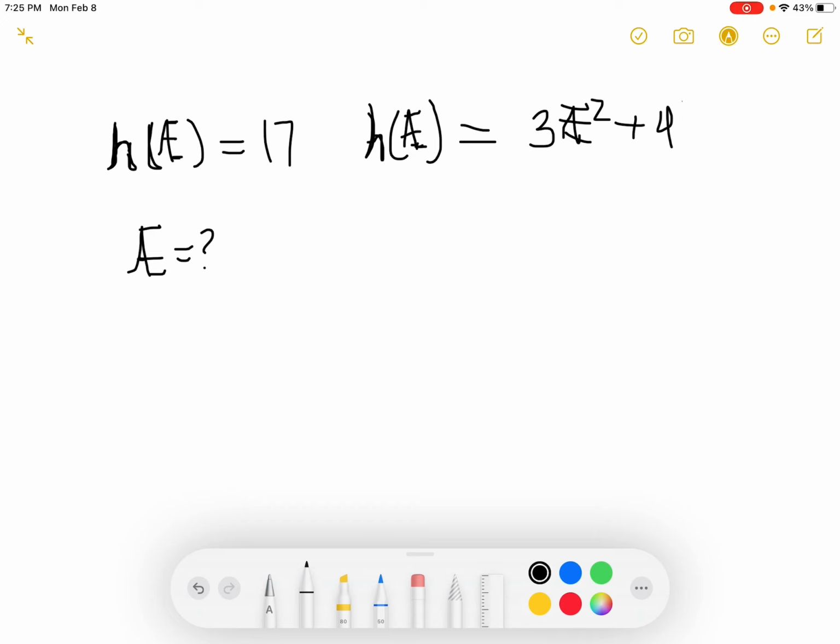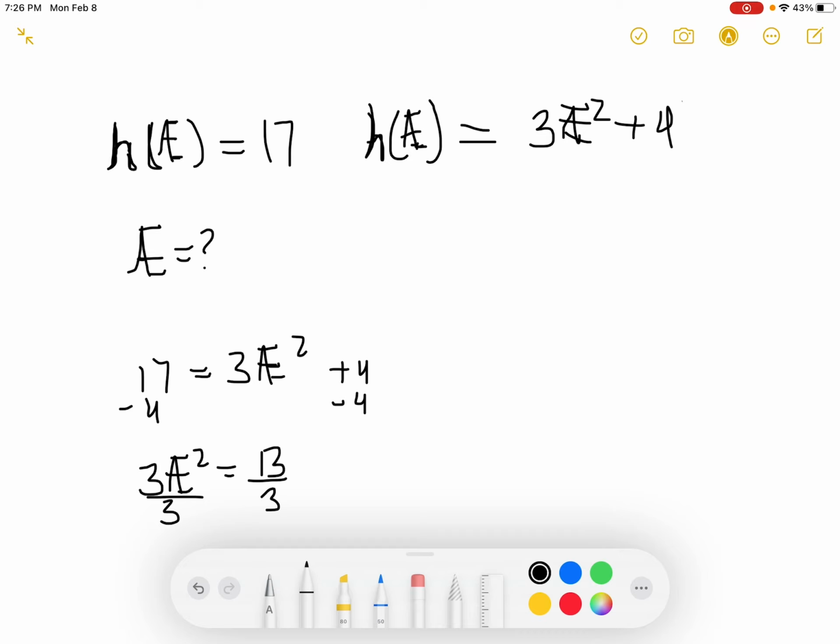That means that if we find out that that equals 17, then we just need to say 17 equals 3a squared plus 4. We can solve this way. We do minus 4 on both sides, and then we get that 3a squared equals 13. We can divide by 3, and when we do 13 divided by 3, we get 4.3 approximately.